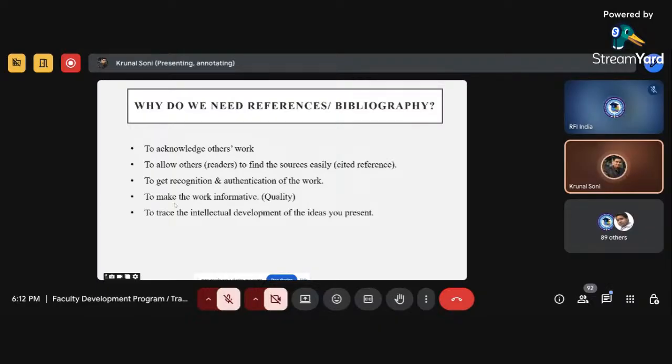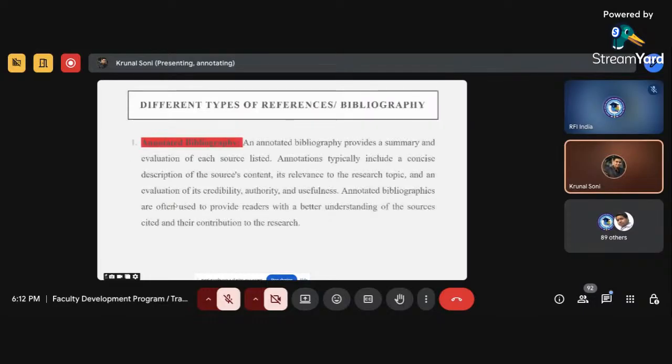And to trace the intellectual development of the ideas that you present: if you want to make your research intellectually correct, then you also have to work on the references and bibliography. So that is how we have to see why we need to do referencing and bibliography.